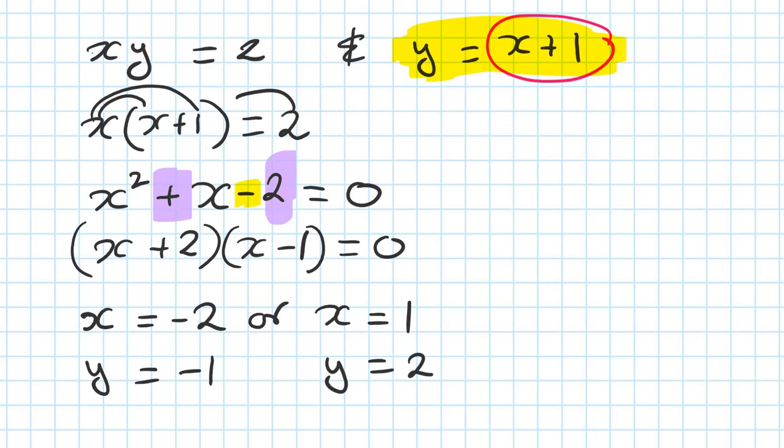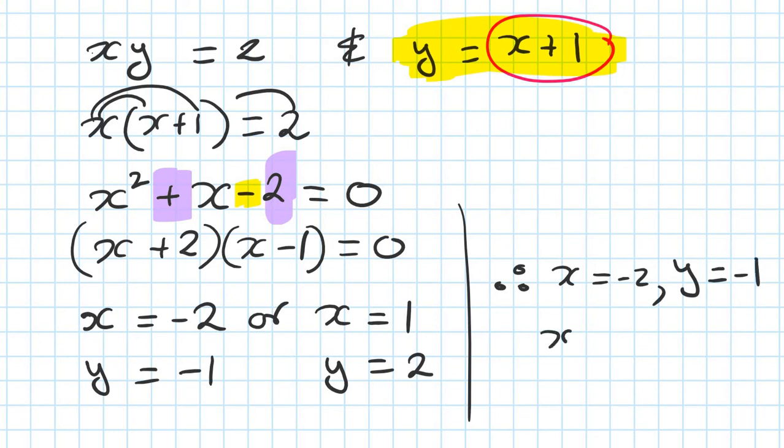Sorry, I ran out of space. So therefore, x is negative 2, y is negative 1, and x is 1, y is 2. That's how you solve simultaneous equations involving nonlinear equations.